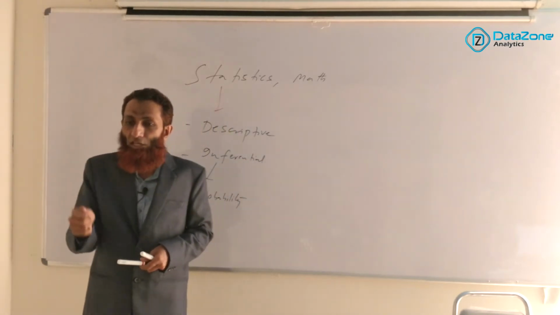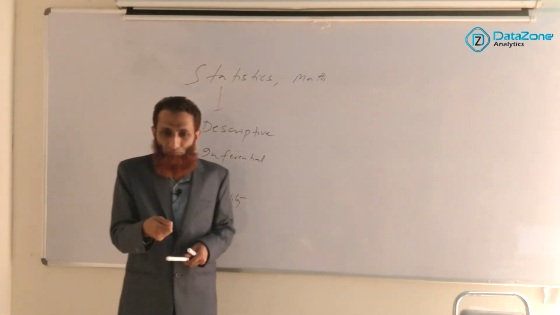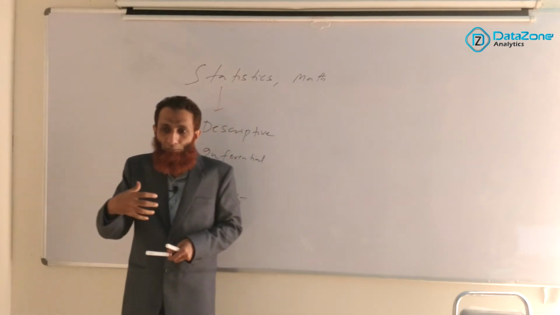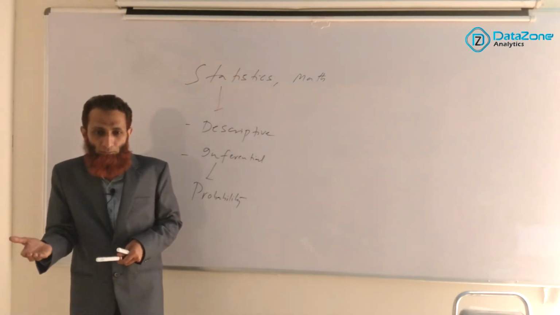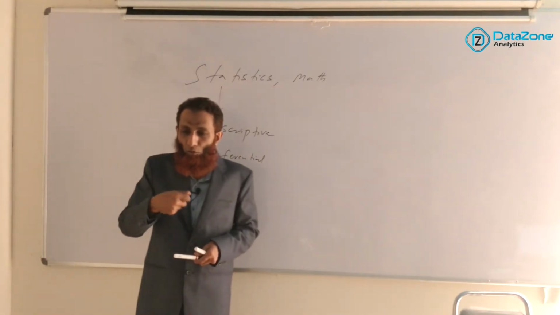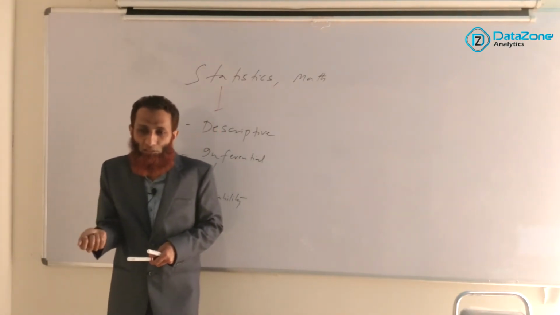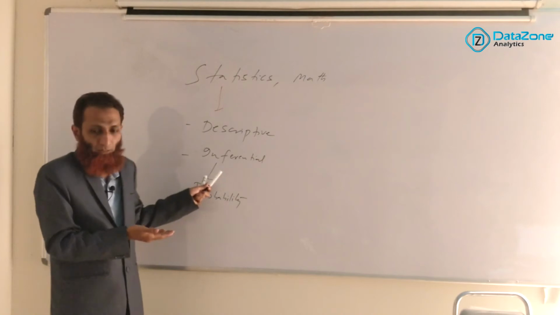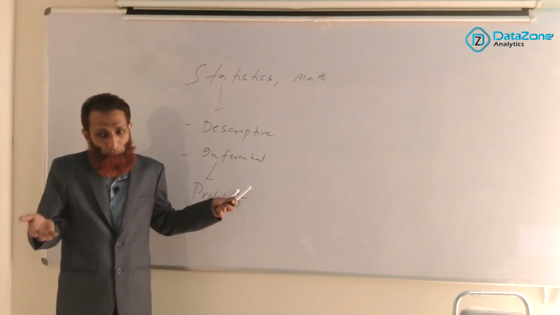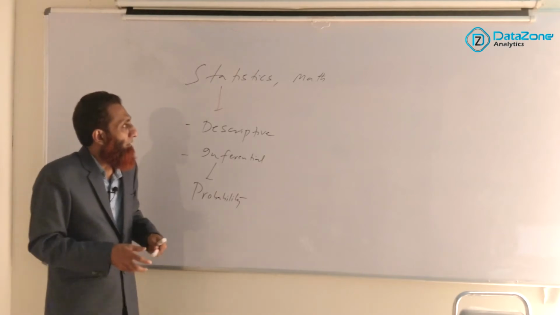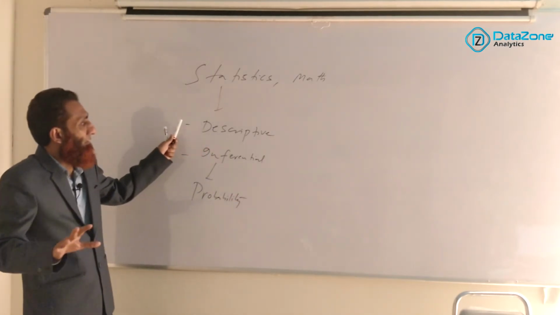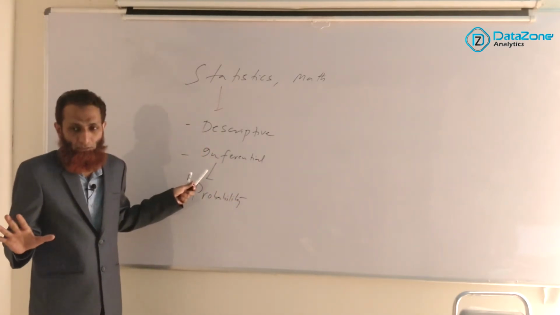Before you make any change, we do test. Like for example, you want to know which particular drug is good, so we perform something called A/B testing or hypothesis testing. Here we are going to use inferential statistics. Now this statistics is clear, that we have descriptive and inferential statistics.